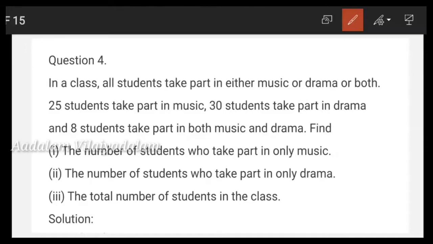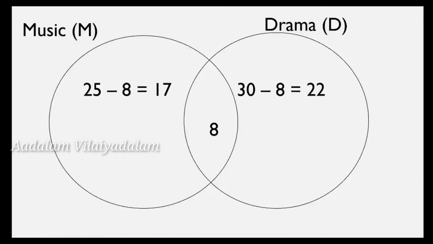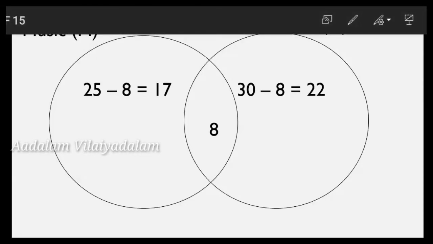Now we shall draw the two events as a Venn diagram. So here I have drawn music and drama. Now here 25 students take part in music, isn't it?